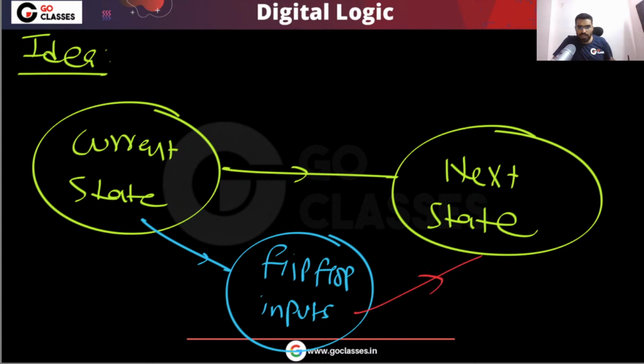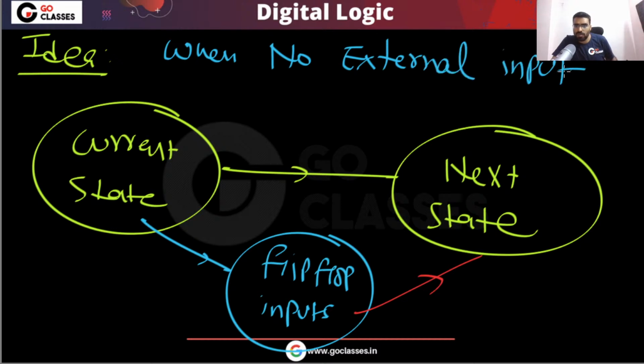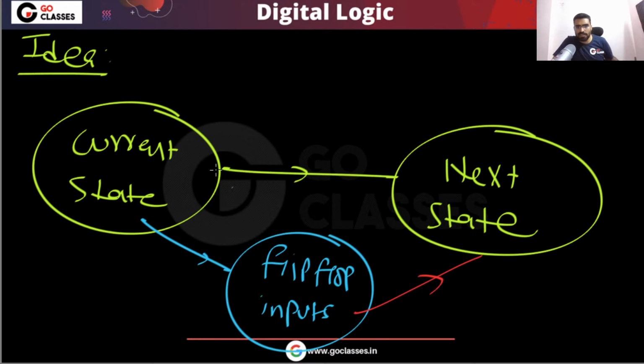This we do when there is no external input. In case of external input, what will change in this diagram?